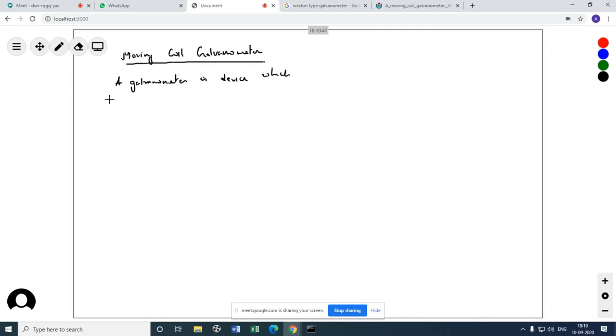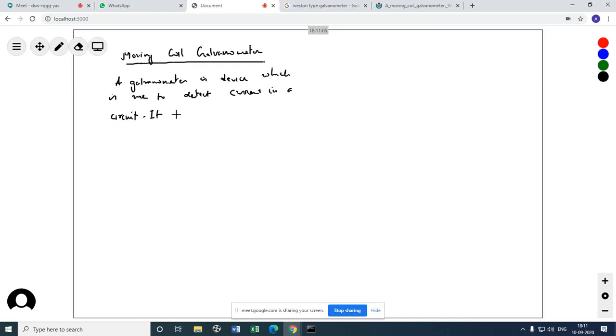which is used to detect current in a circuit.